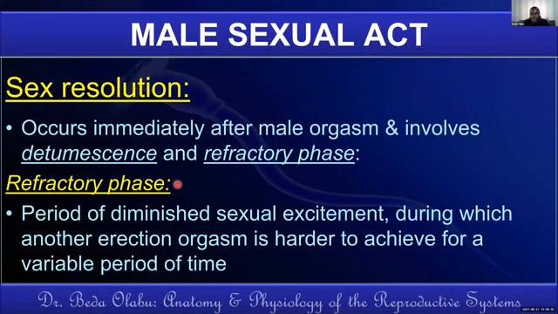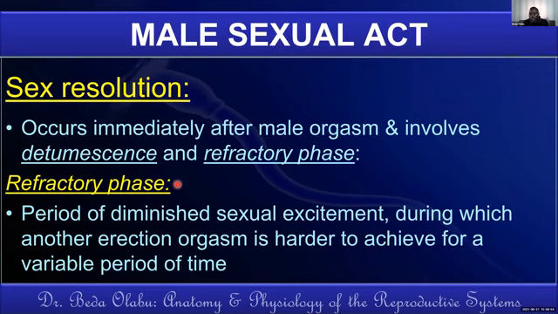Usually there's a period of diminished sexual excitement. During that period, I'm not saying it's impossible, but it is harder compared to before to achieve another erection and even orgasm for a variable period of time. Again, remember, it's a variable period of time.